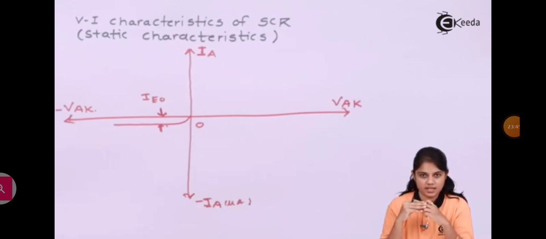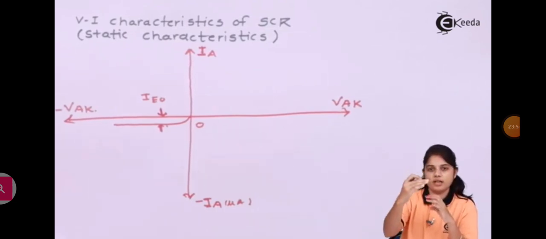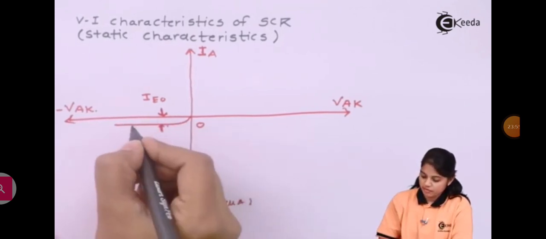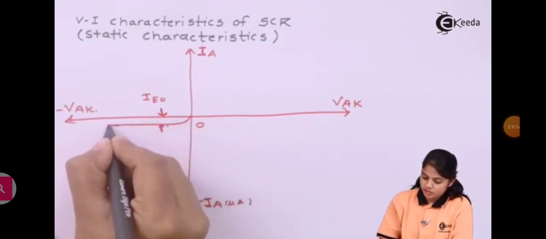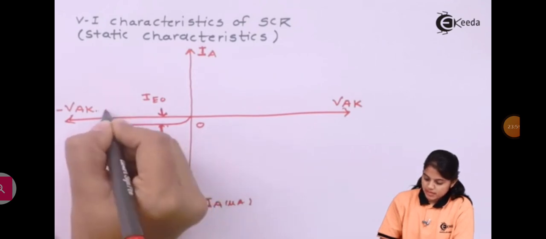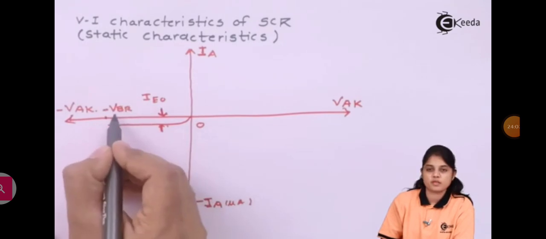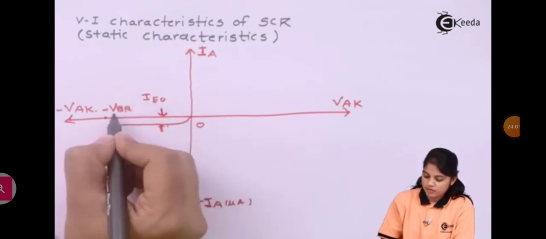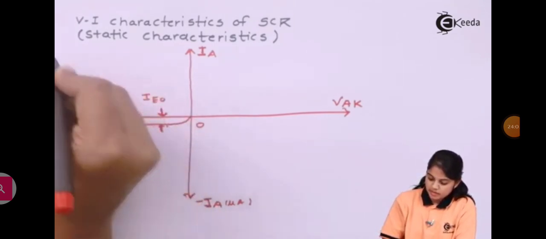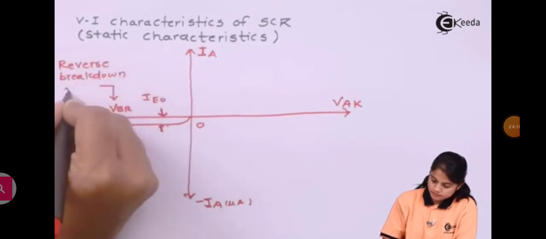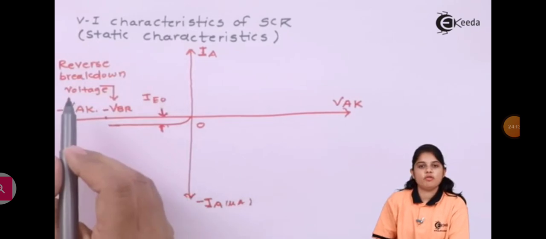But at one point, if the negative potential exceeds a certain value, there will be a large amount of current. If you see in the graph, now I have reached the point where my voltage is, I'll name it as minus VBR, that is the reverse breakdown voltage. VBR stands for reverse breakdown voltage.